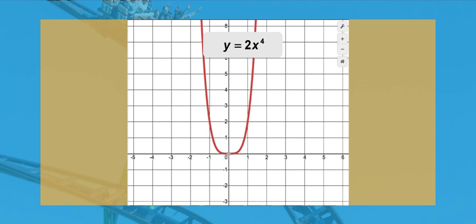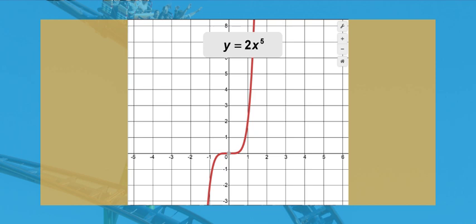The next graph is for k equals 4, which results in y equals 2x to the 4th power. Notice how this graph looks similar to a quadratic. Not all 4th power graphs look like this, but graphs of this sort are functions. The next graph is for k equals 5, which results in y equals 2x to the 5th power. Notice how this graph looks similar to the cubic function shown earlier.